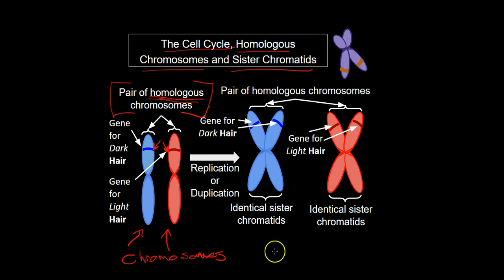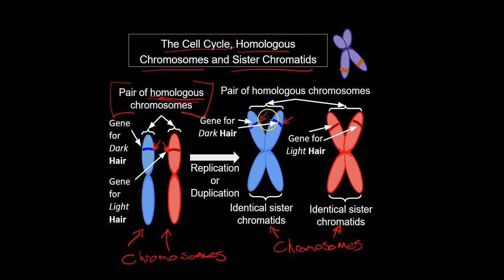All right, so let's take a look at other examples of homologous chromosomes. These are also chromosomes on the right. And so you've got this structure over here, this structure over here. Both of them are also coding for the same genes. The example that you see over here is a gene for dark hair on the chromosome on the left.